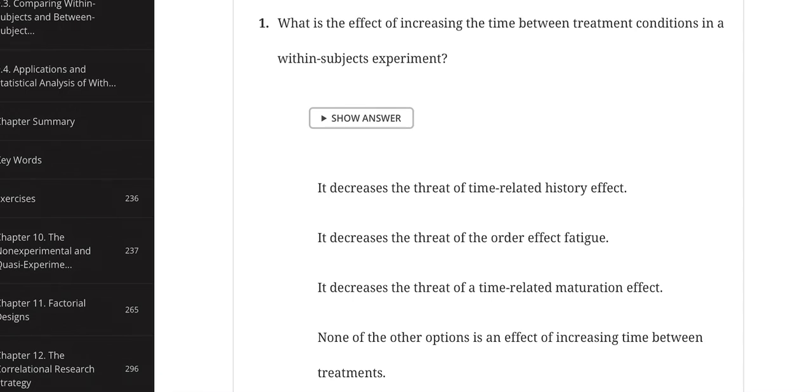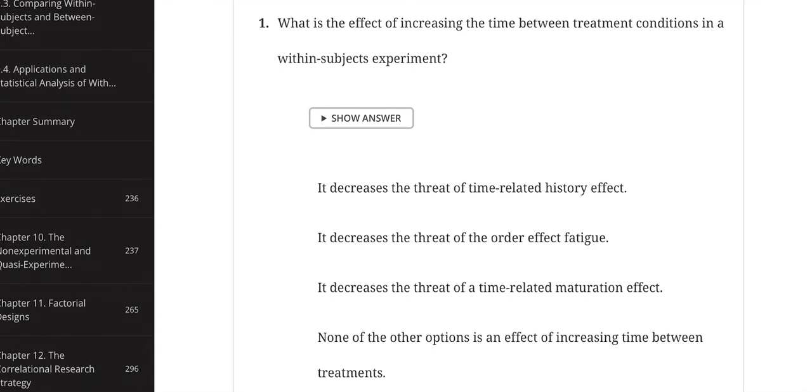Time-related effects. So maturation, history, instrumentation, those would be increasing. So it can't be the first answer or the second answer because it says those are decreasing, and that's not what would be happening here. It would be increasing. And so it's either none or it's the second answer.